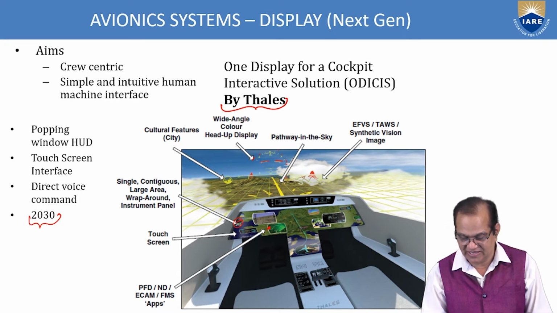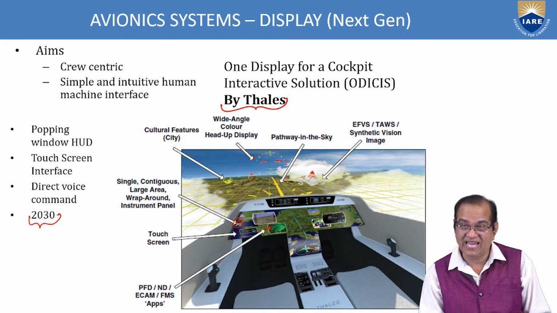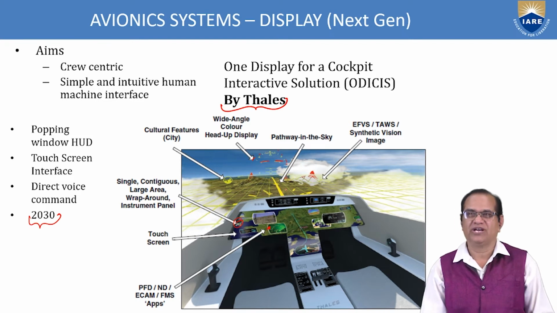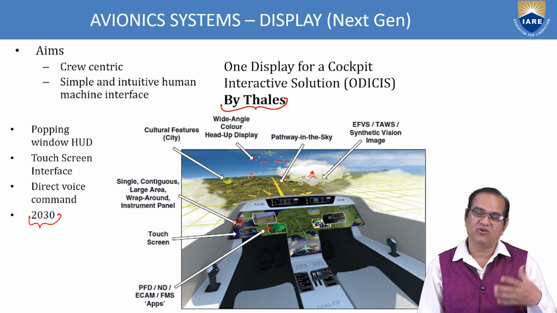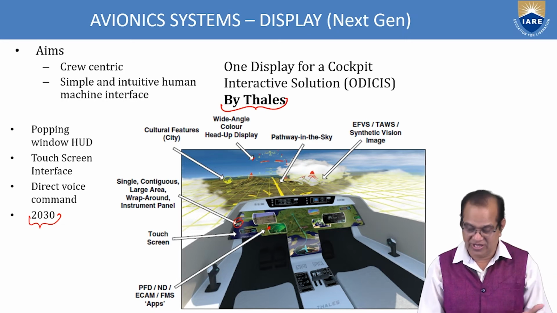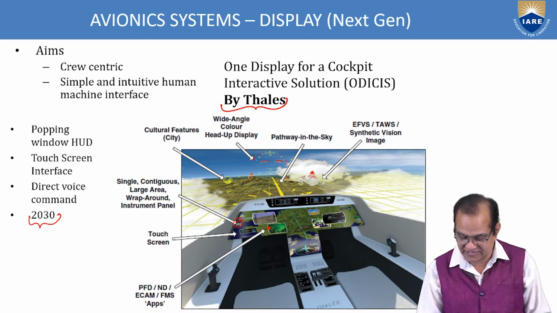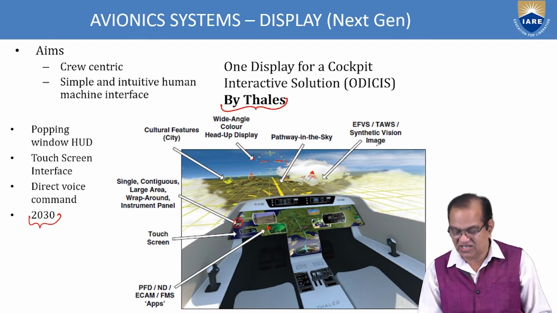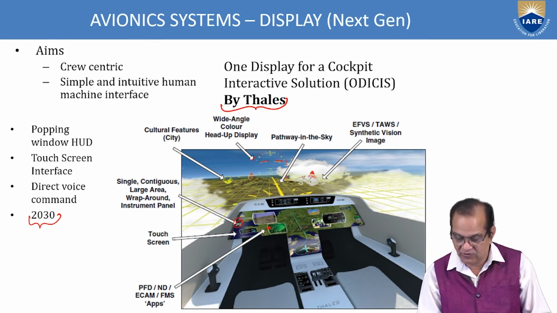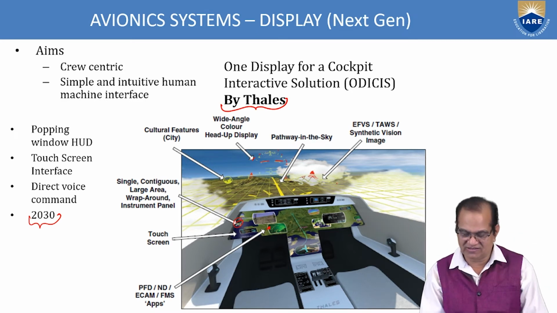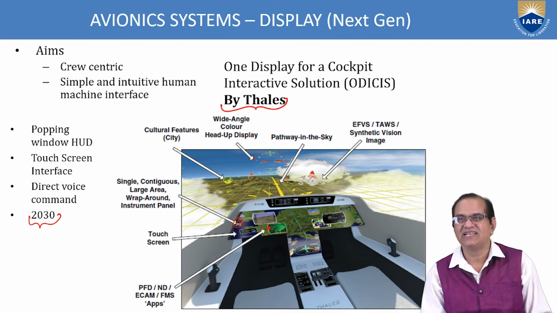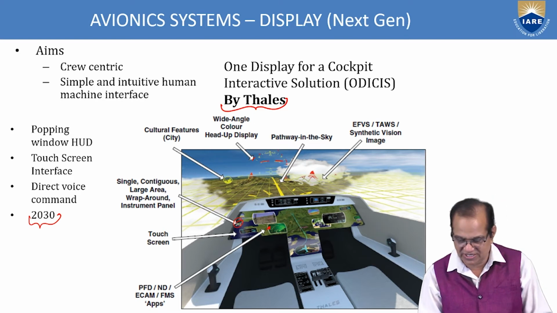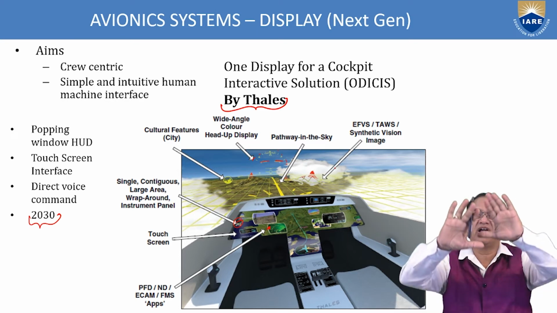Pathway in the sky. In the sky you will get just like a road, as if you are walking or driving your car on the road. That type of feeling you will get. Then EFVS, TAWS, synthetic vision image. Here you will get some vision image. Any clouds or things there, accordingly it will indicate that there is some cloud. All these things will be visible on your screen.